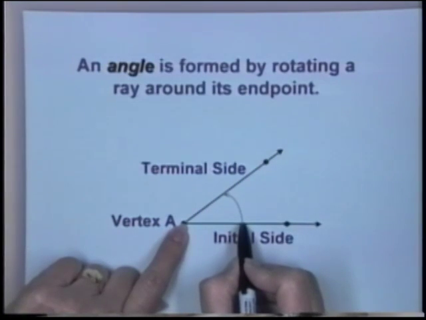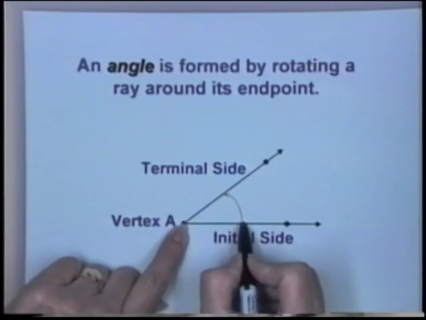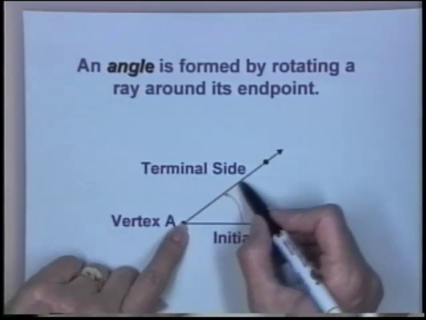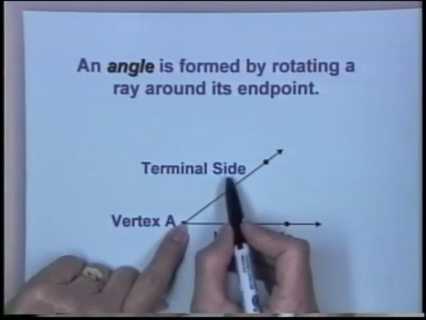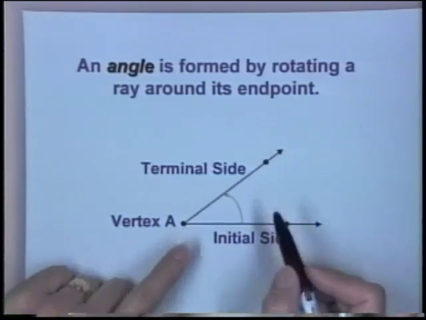I'm going to rotate this ray in a counterclockwise direction, and this arc with the arrow shows the direction I rotated. Where I stop the rotation of the ray is called the terminal side of the angle.